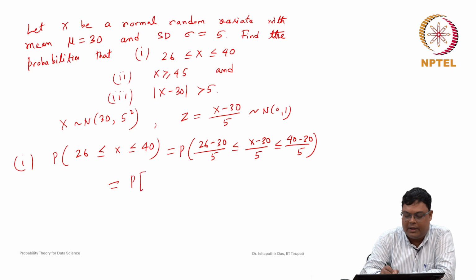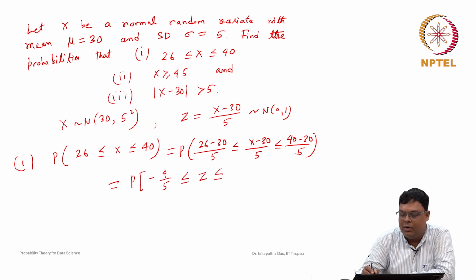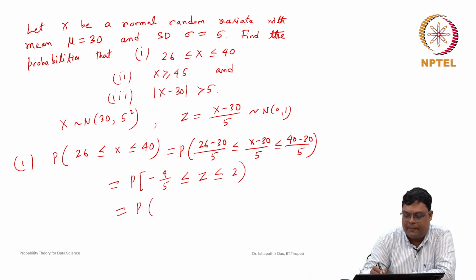So, this is the probability that minus 4 by 5, I hope it is correct, is less than or equal to z less than or equal to 10 by 5, which is 2. So, this is the probability that minus 0.8 is less than or equal to z less than or equal to 2.